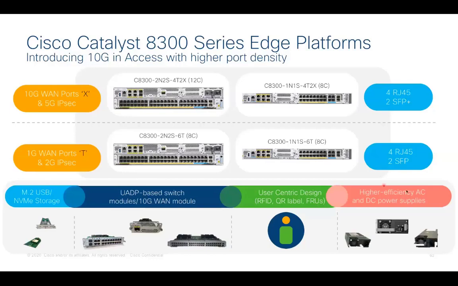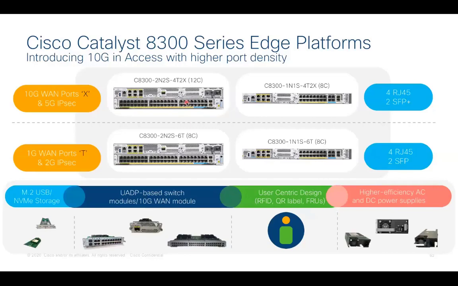And all these platforms come with a redundant power supply with AC, DC, and high voltage DC support with a default front to back airflow. And for customers who require reverse airflow, we do support NEBS DC power supply units on the 2RU platforms as well. And we do have PoE boost available with 500 watt and 1000 watt AC power supply units.